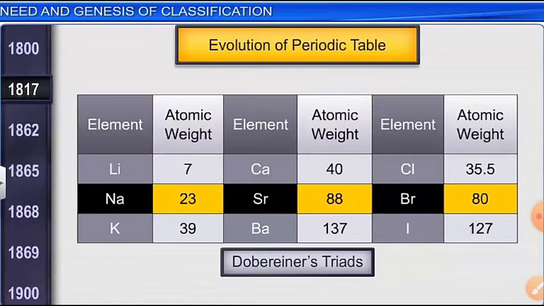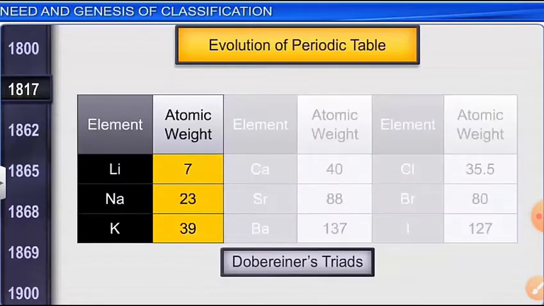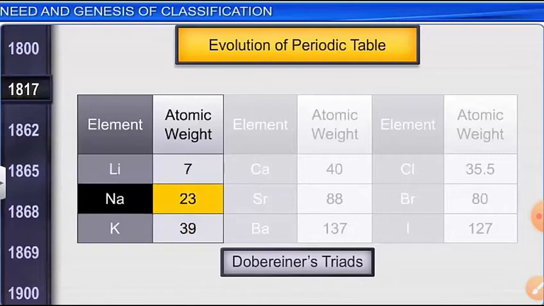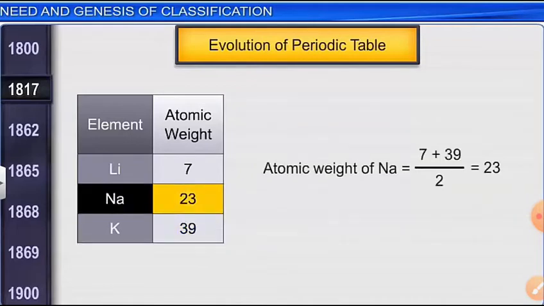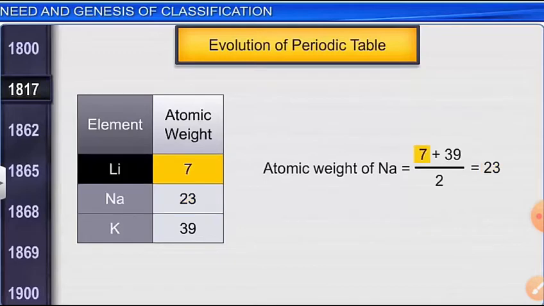In the first case, if you see lithium, sodium, potassium, lithium has a mass of 7 and potassium 39. If you take the sum, that's 46, and 46 divided by 2 is 23. That is the mass of sodium. So he said that the elements are kept in groups of three, and the middle element has a mass equal to the average of the first and third.